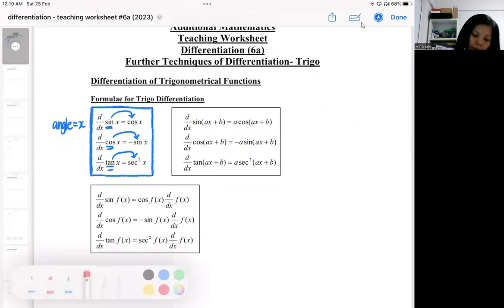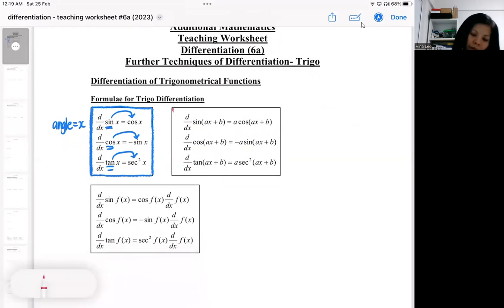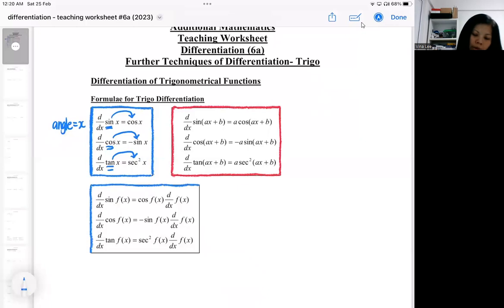Okay, so the second box, this red color one, is not very useful, because I can just rely on this box. This box is for when the angle is not x.